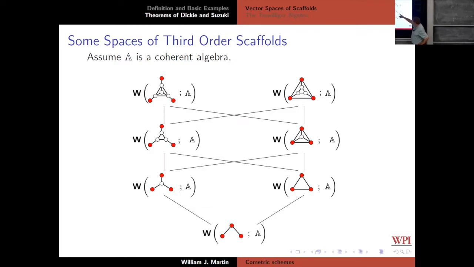Here at K4, if I delete those edges in the middle, I get this. So that's a subspace of that one, and this is a subspace of this one by contracting those edges. So this tower goes up, right? But you see that this one showed up in the Suzuki and Dickie proofs. This space was useful. So we've already gone up to this space in our very introduction to the topic. And so working with these tensors, it's useful to know which one is a subspace of which one.